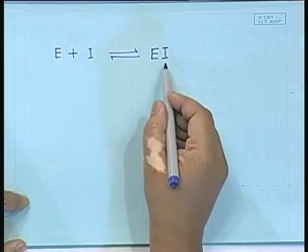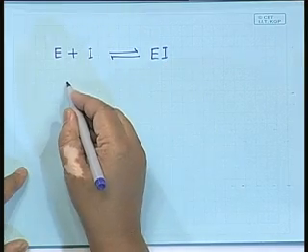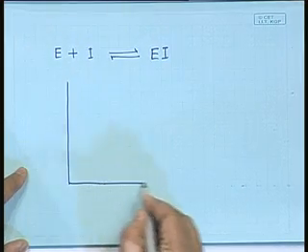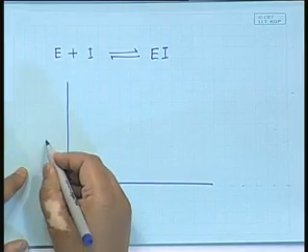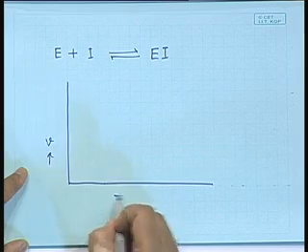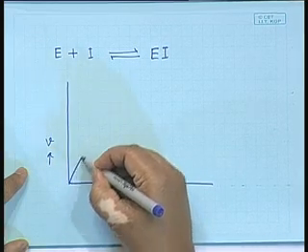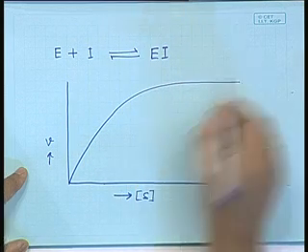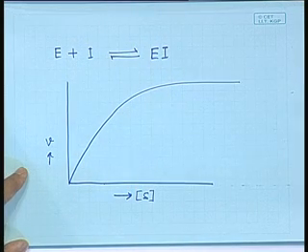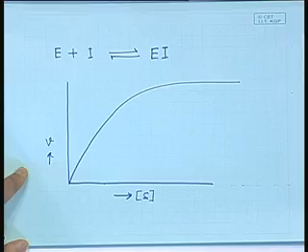Now, what is going to happen in my normal kinetic set? This is what I get, right? If I have the inhibitor, how is this going to change?